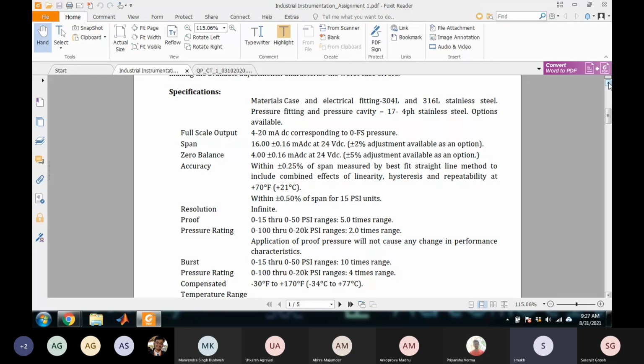No. 24 volt DC is the power supply. Any electronic circuit gain etc. will depend on the power supply.